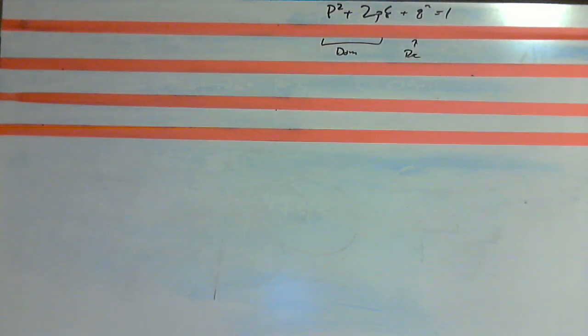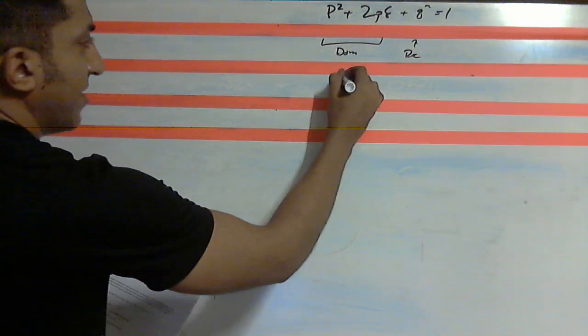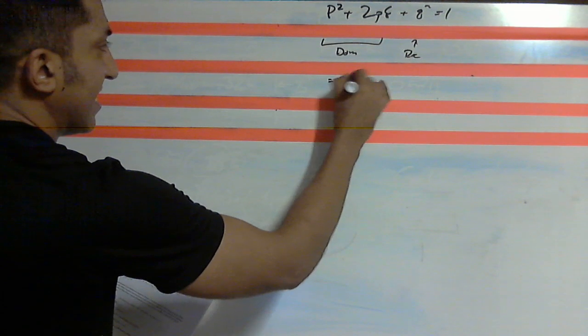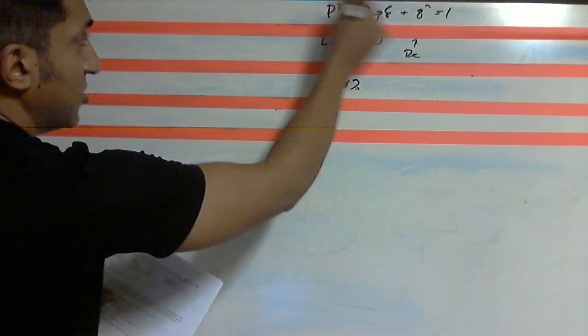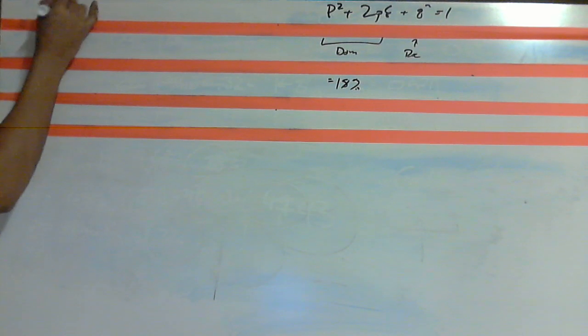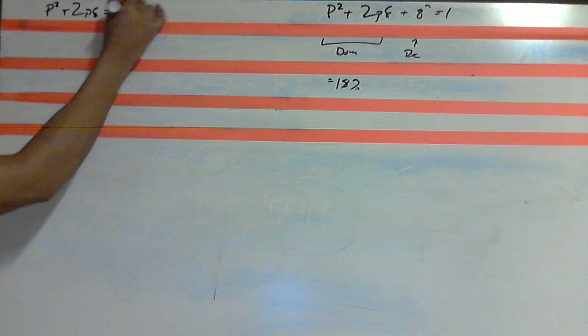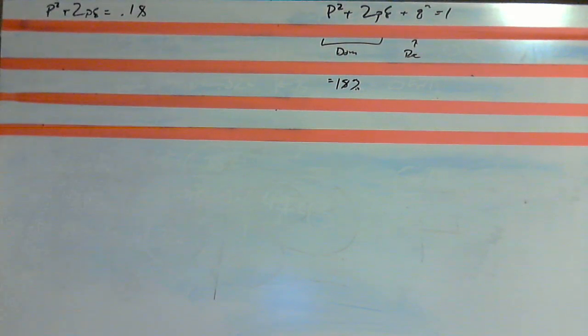So let's go ahead and talk about what they gave us here. They gave us the distribution is 18% is dominant. So we can say all of this, p squared plus 2pq, equals 18%. Let's write that right here. P squared plus 2pq equals 0.18 or 18%.